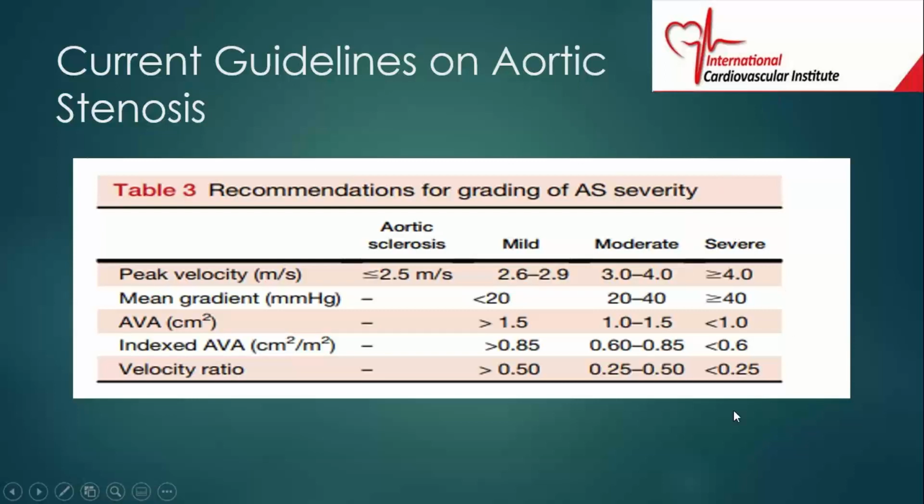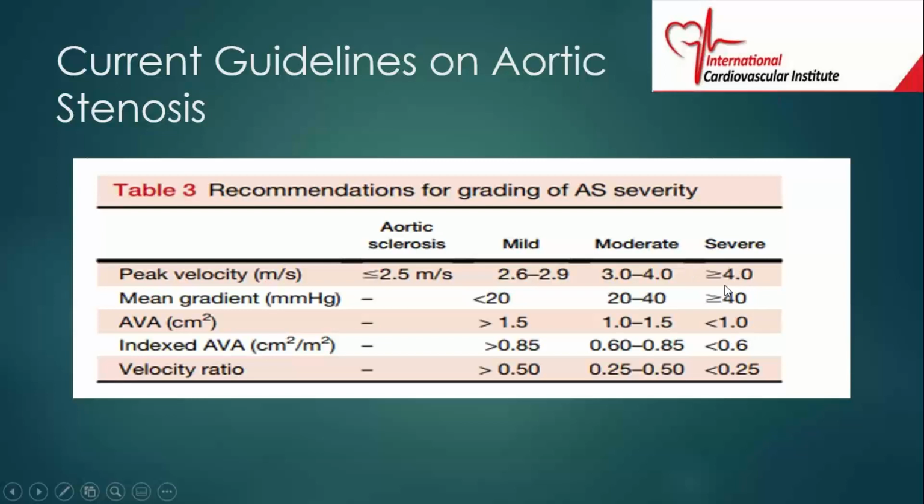So when we talk about severe aortic stenosis, we look at the peak velocity, and if it's greater than or equal to 4 meters per second, if the mean gradient is greater than or equal to 40 millimeters mercury, if the valve area is less than 1 centimeter squared, then this points to severe aortic stenosis.